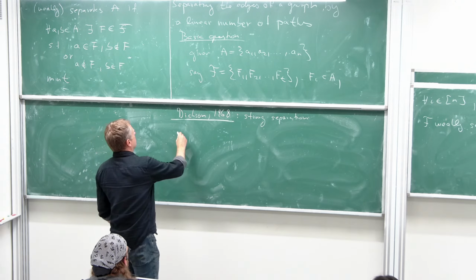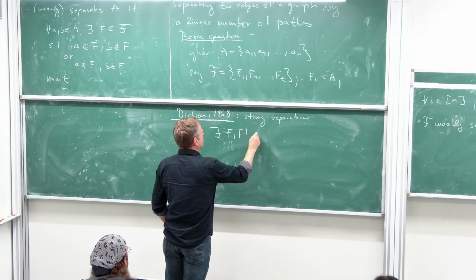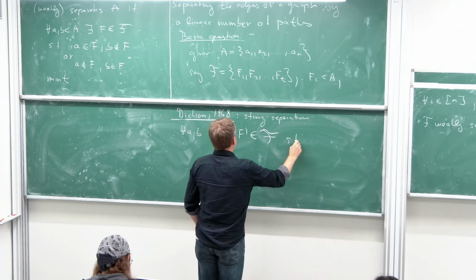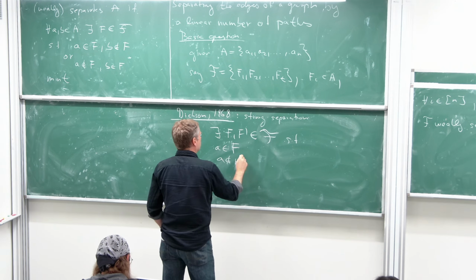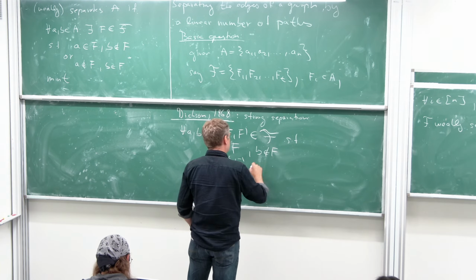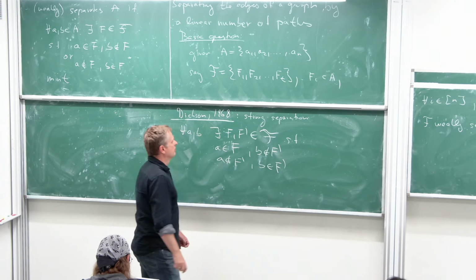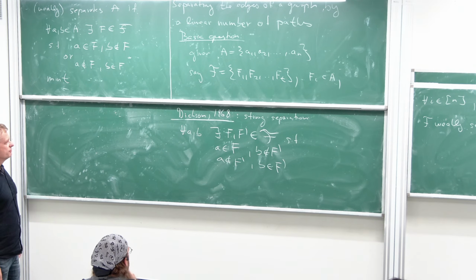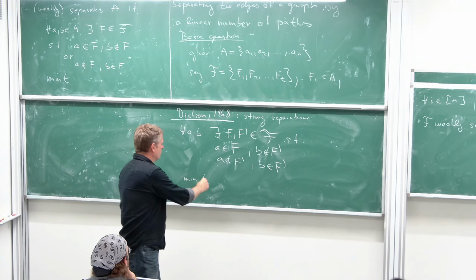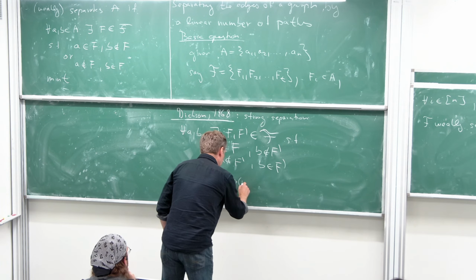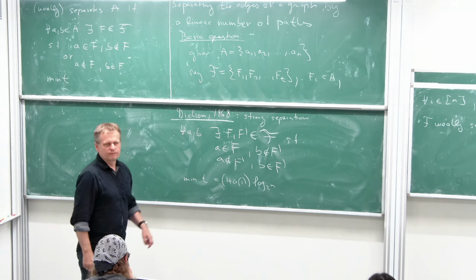So again, for every a and b, there exists F and F prime in my system such that a is in F, a is not in F prime, b is not in F, and b is in F prime. And he would like to find the minimum t such that this is possible. What he proved was that it's roughly the same answer as over here, with some error term which is little.